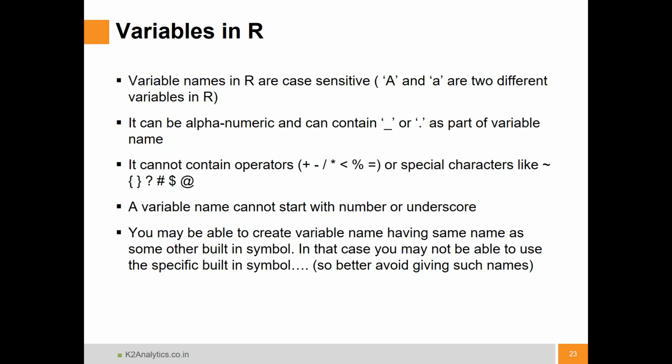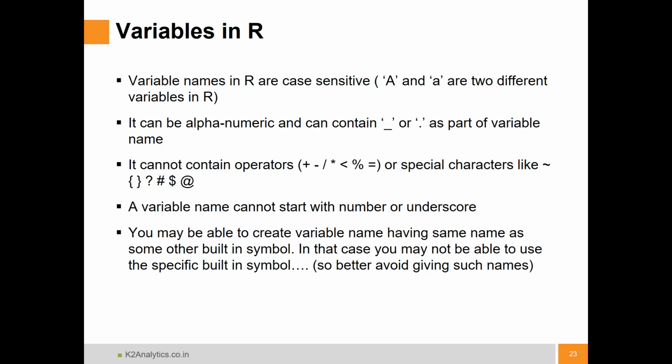Also, we saw that a variable name cannot start with a number. A variable name has to always start with an alphabet, or it can start with a dot, but it cannot start with a number or underscore.